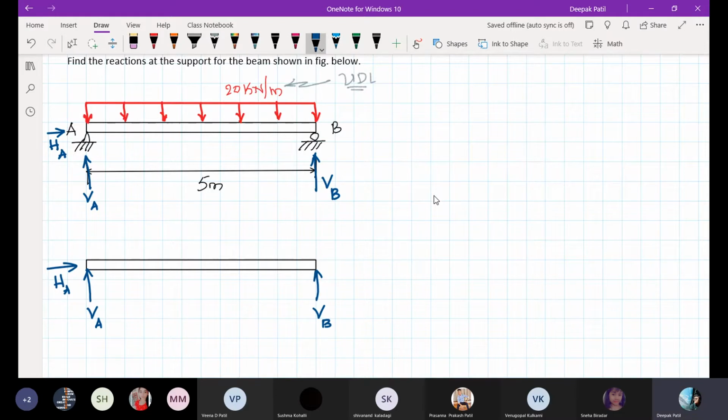Now you can see that since it is a uniformly distributed load, I need to convert that into an equivalent point load. Let me just repeat once again how to convert the uniformly distributed load to an equivalent point load. I'm going to draw a part of the beam here. Then the loading on this beam is a uniformly distributed load.